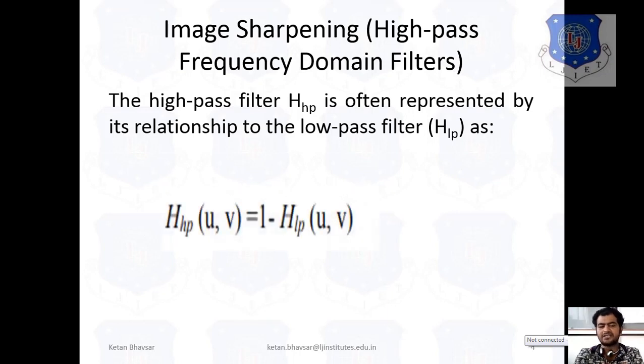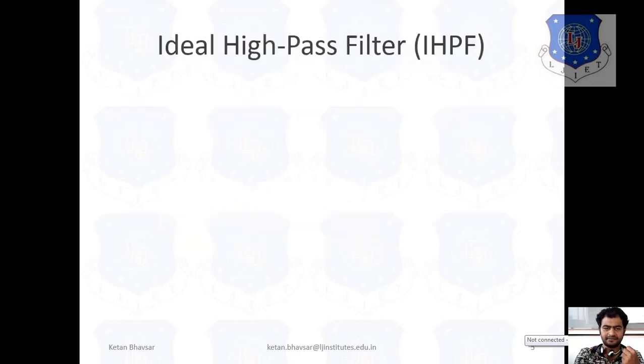So H_HP(u,v) is equal to 1 minus H_LP(u,v), where u and v represent the row and column operation, and H_LP represents the low frequency content. So we can easily identify the high pass content from the low pass data.